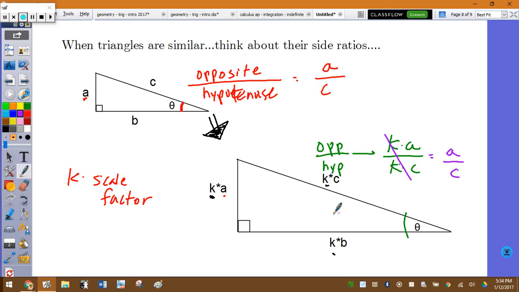So the ratio within this triangle, not from one shape to the other, but within this particular shape, the opposite to hypotenuse ratio is a over c. And that's irrespective of what k actually is. I could have made this a ginormous similar triangle, but it's still opposite over hypotenuse, a over c.